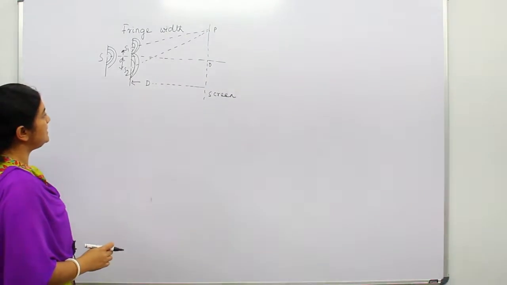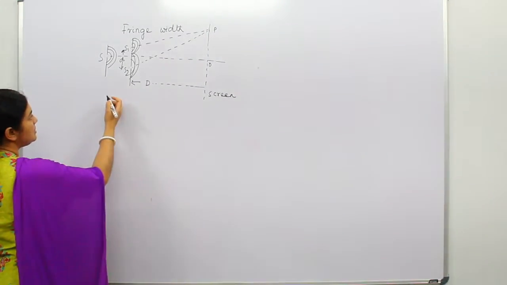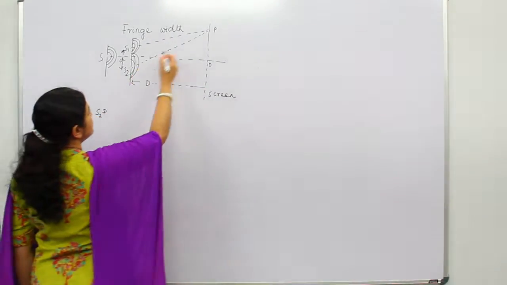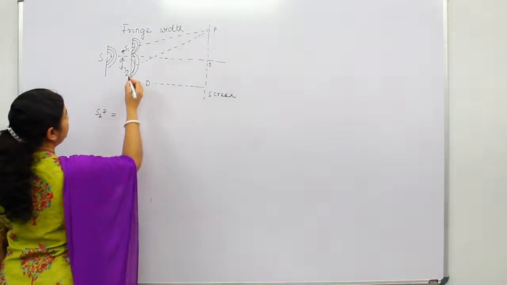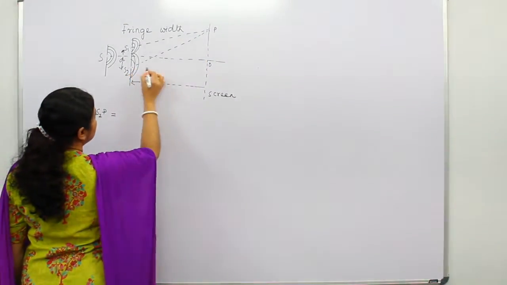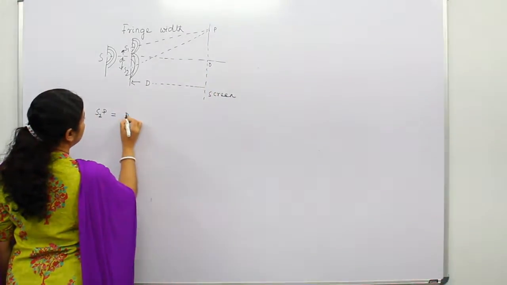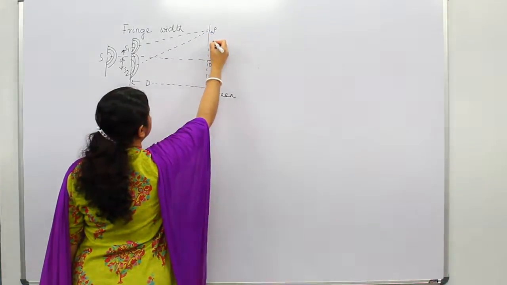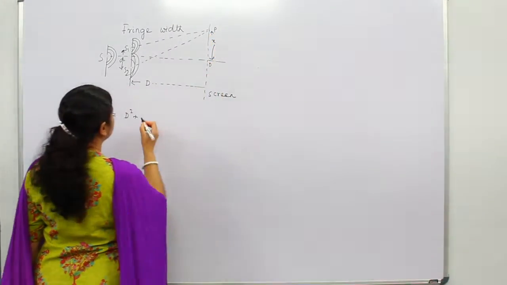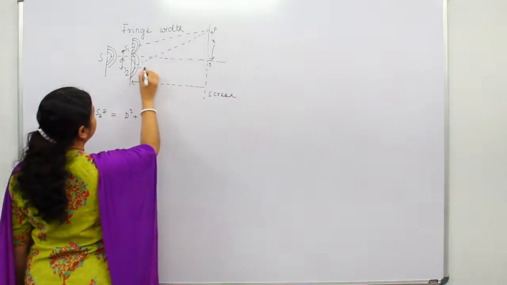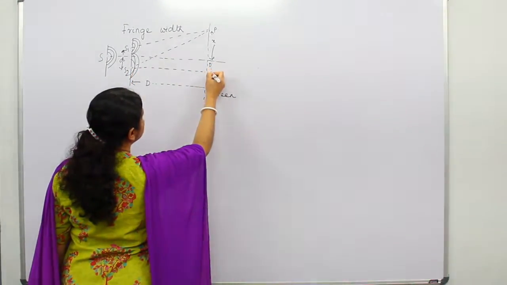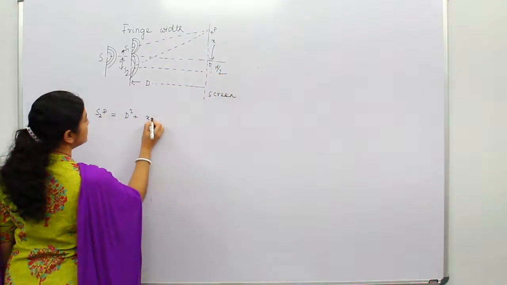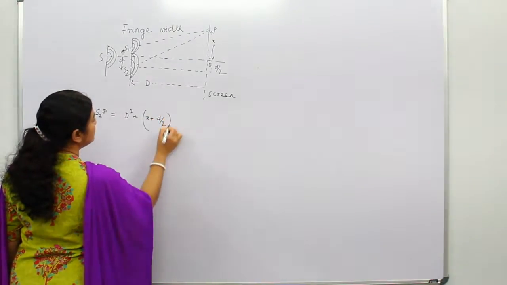Now we will find the path difference. So S2P, this distance, will be equal to what? By Pythagoras theorem, it will be D square plus, suppose this distance is x, then this distance will be d by 2, so (x plus d by 2) square.